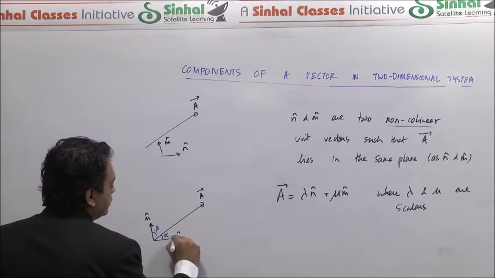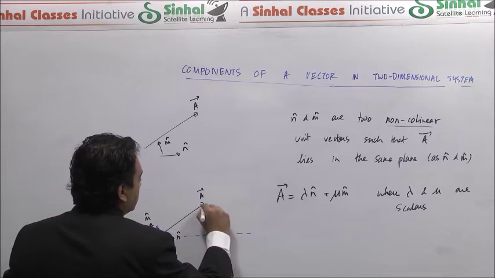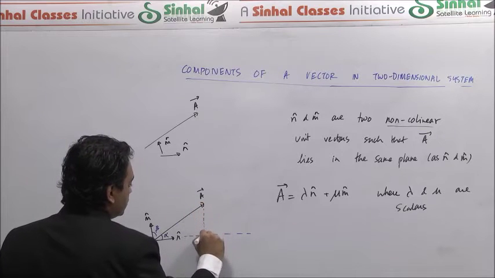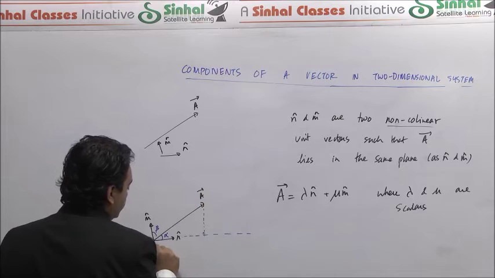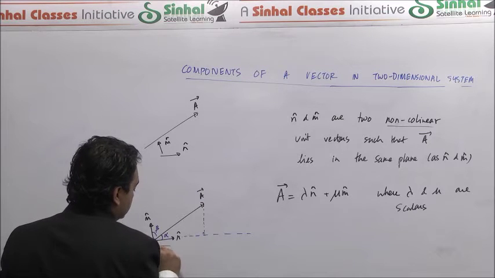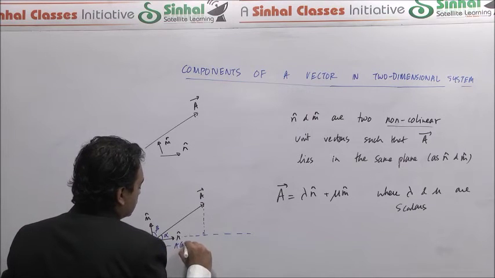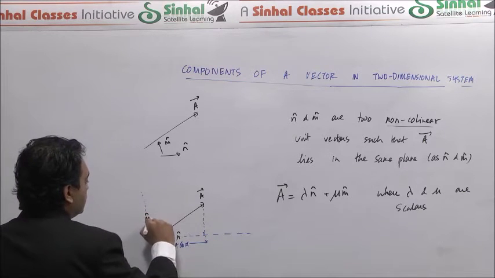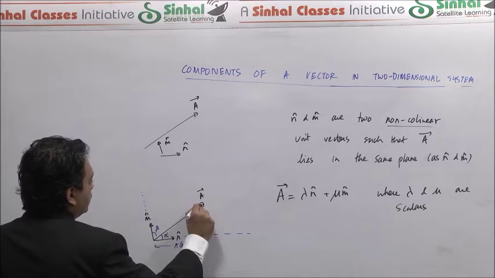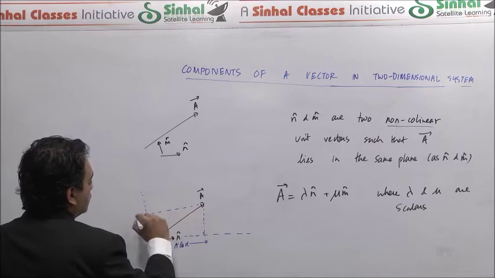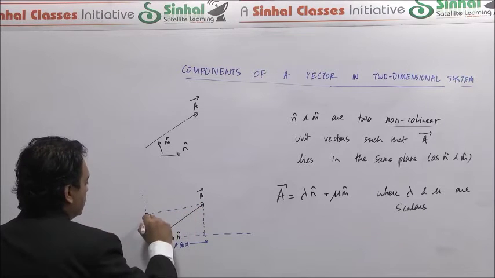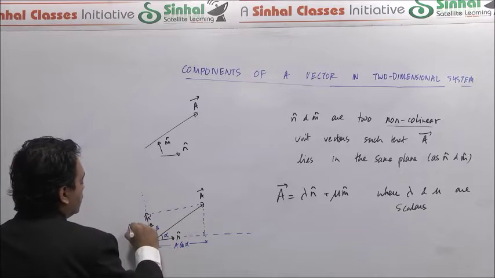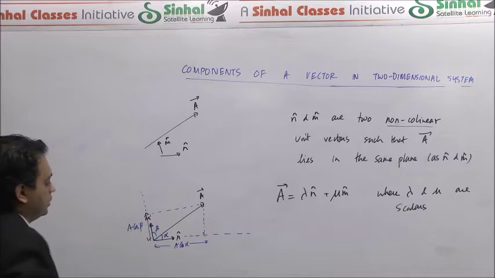So you could see that if you extend this line, the component of A which is along n cap would be this. So this length here would be A cos alpha. And similarly, if you were to drop a perpendicular here, you could see that this component would be A cos beta.